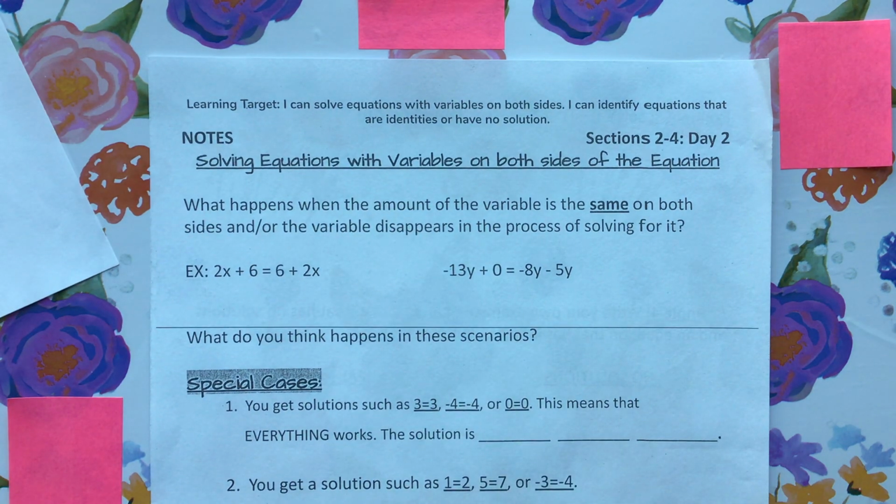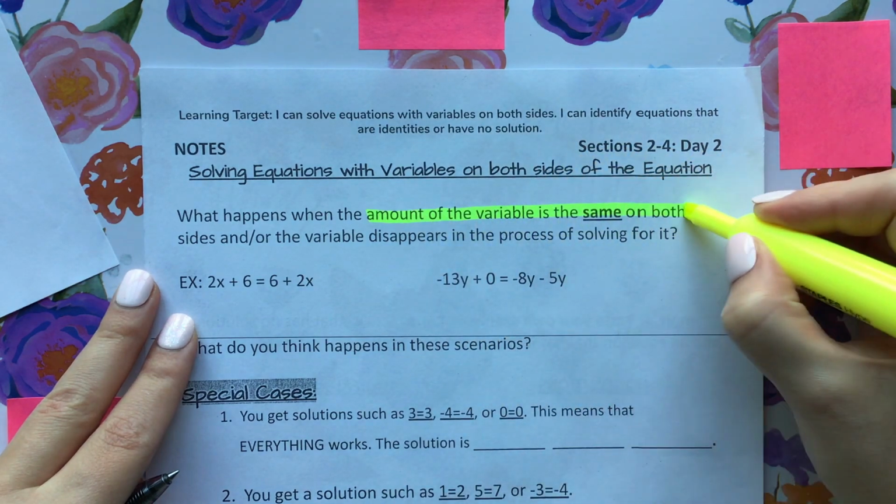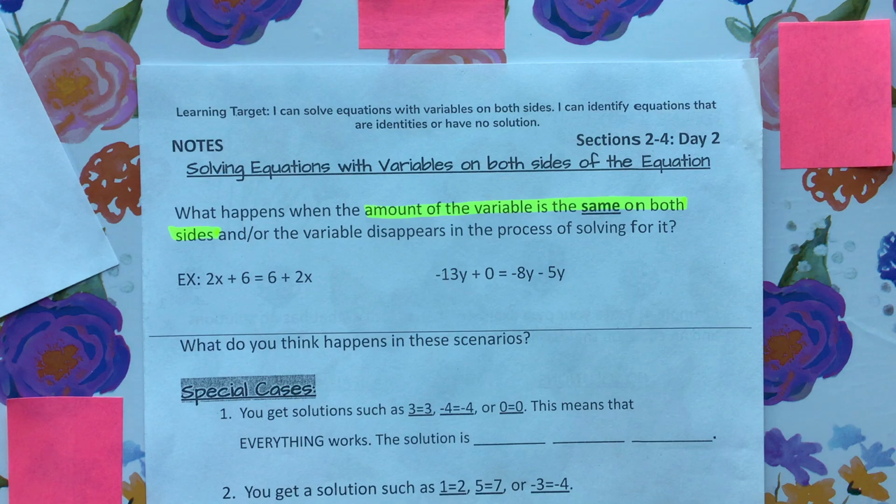So the important thing here that I want you to notice is that the amount of variables is the same on both sides. That's pretty valuable right there. So what's going to happen if these things cancel each other out?